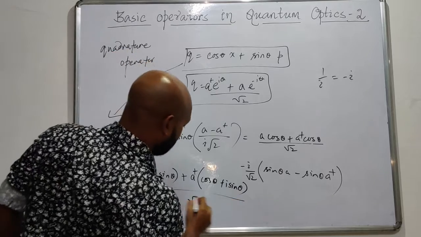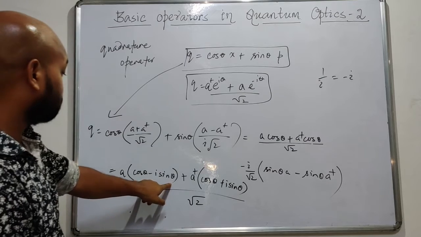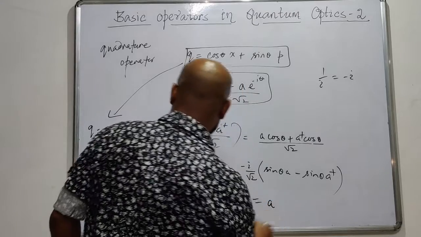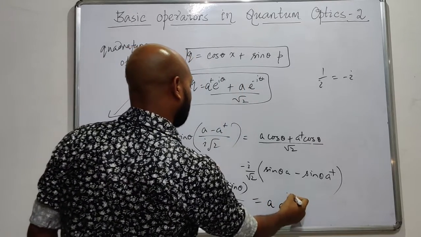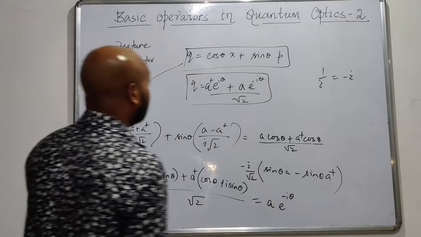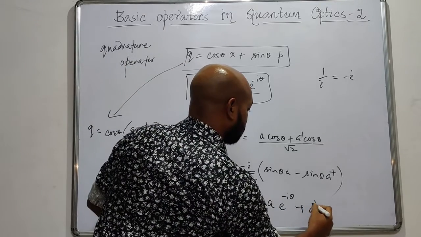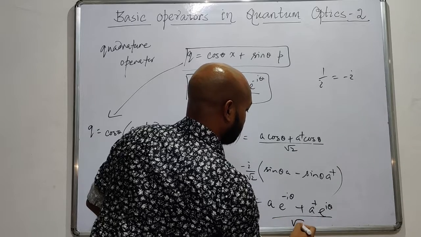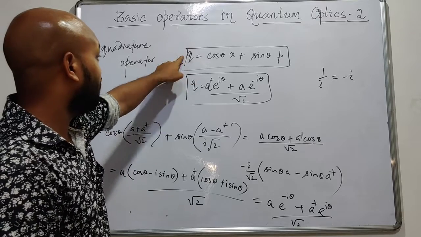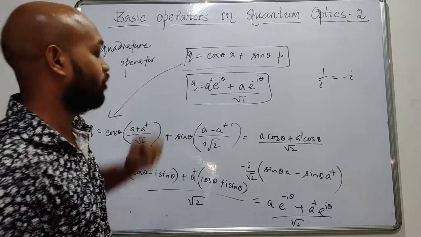And I have a root 2 downstairs. So now I write these trigonometric functions in terms of the exponential function, and I get A e power minus i theta and A dagger e power plus i theta by root 2. And yeah, we reach from here to here. So these are two generic representations of a quadrature operator in terms of your x and p operators.